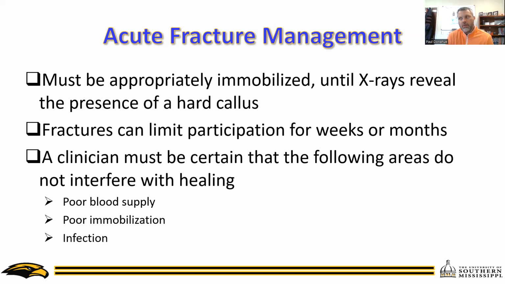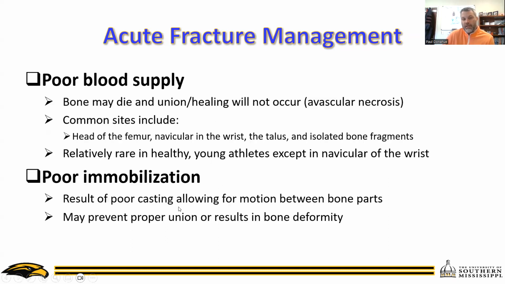Because when we deal with fractures, there are some risks associated with that. We have to make sure that things like infection, the bone being set back into the right spot, making sure that we get adequate blood supply, that blood vessels haven't been severely damaged, those are all important things that can change our healing process.